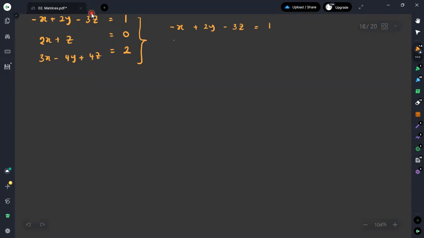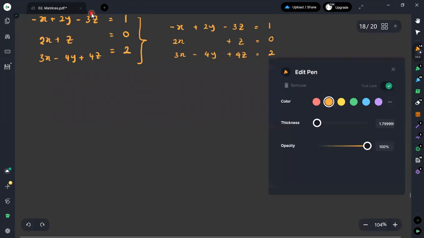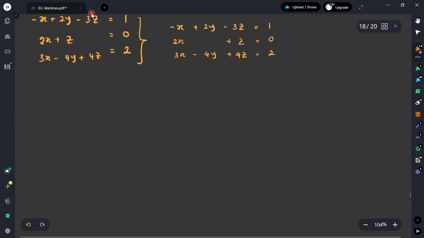Then you will get 2x, but here you are having only the z term, and there is no y term. Therefore, I will keep it separately as z equals 0. Then 3x minus 4 times y plus 4 times z equals 2. Now, if you need to, you can say that this is equal to 0 times y.